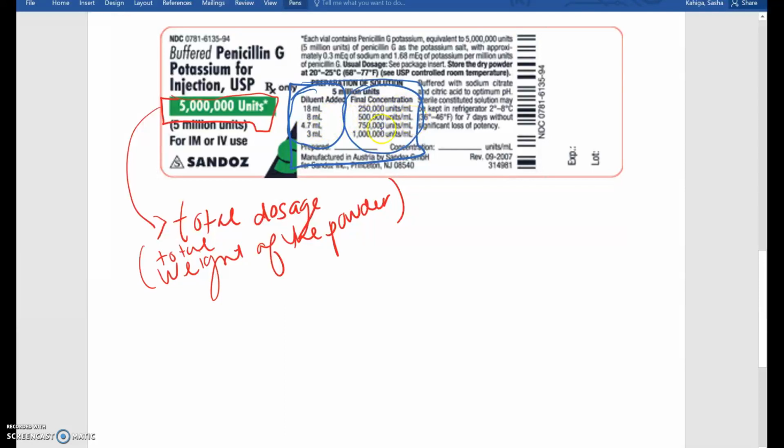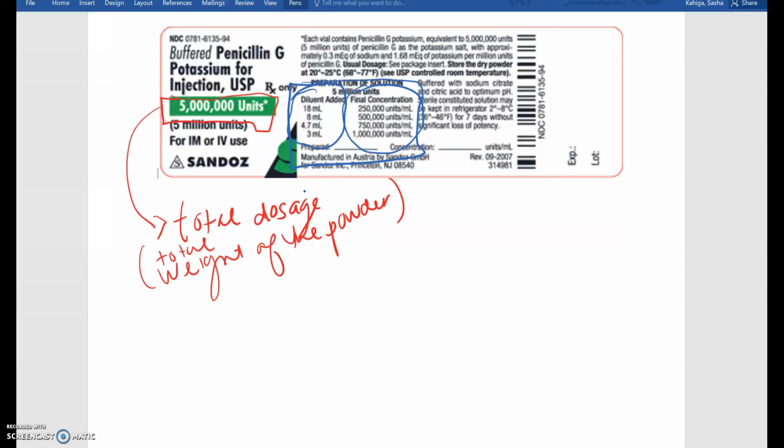So by looking at this and the definition I've given you guys for single concentration and multi-concentration medication labels, which of the two would this be? Would this be a single concentration or a multi-concentration medication label? Remember, the definition is if you add a diluent volume and you get one concentration, that means it's single dose.